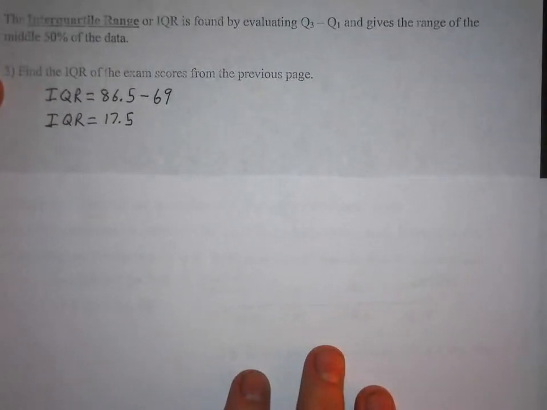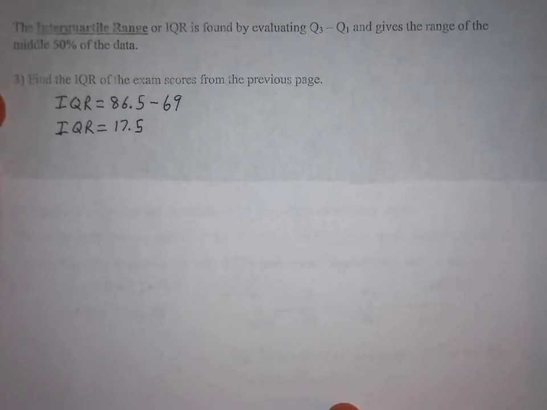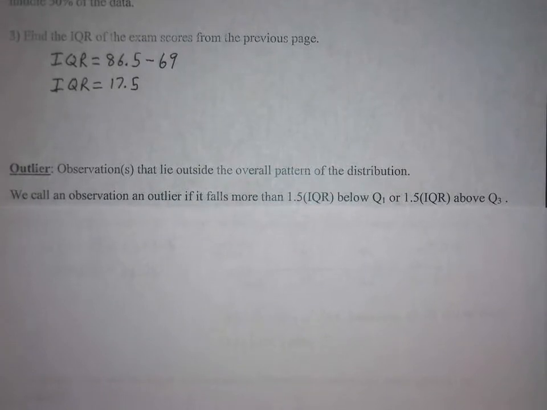So when you do Q3 minus Q1, you do 86.5 minus 69, and you get the IQR equals 17.5. So basically the range of the middle 50% of the data is 17.5. The IQR just gives you an idea of how spread out the data are.